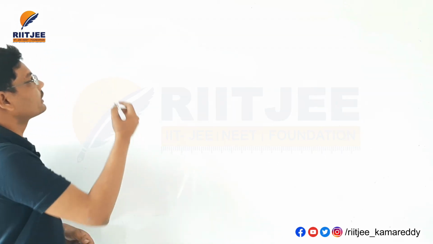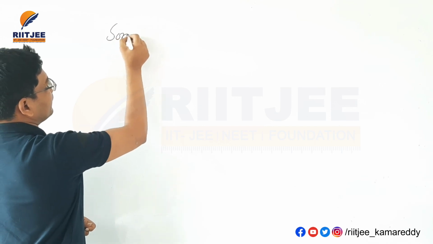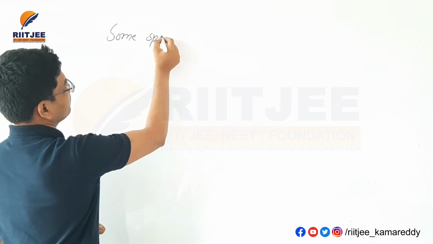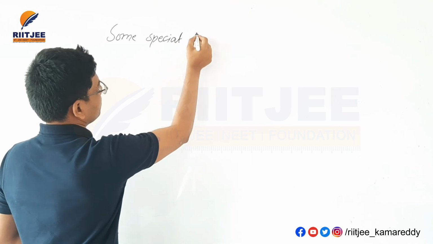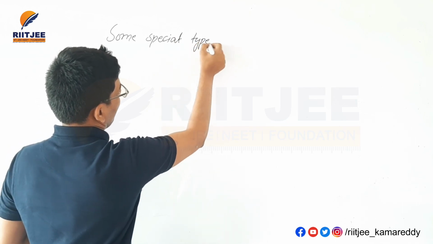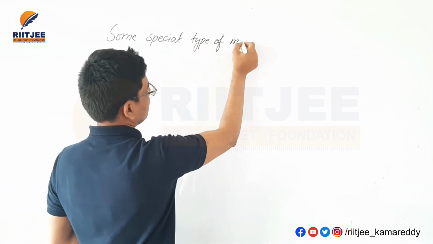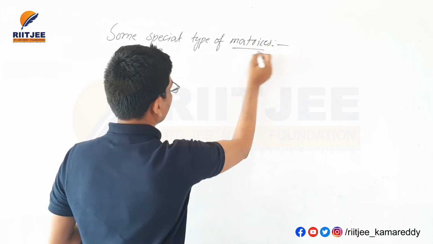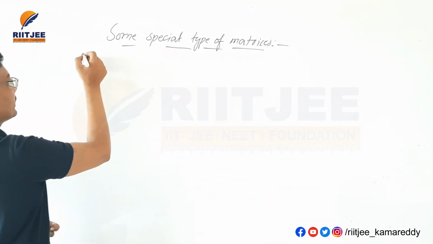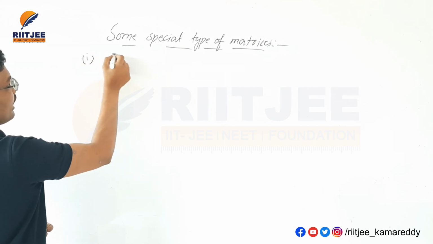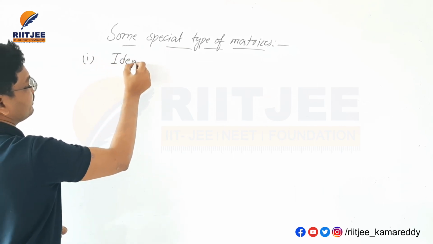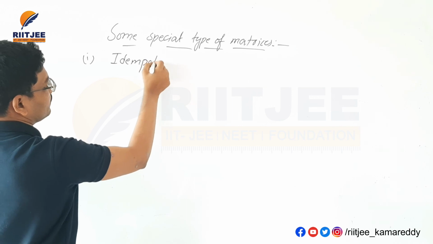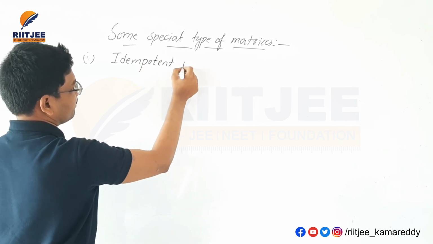Here there are some special types of matrices. The first one is the idempotent matrix.